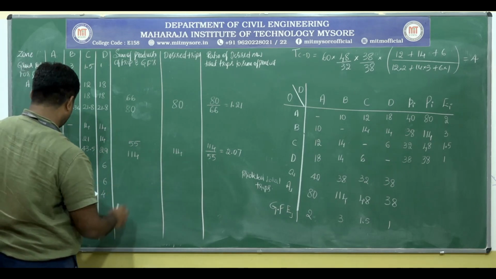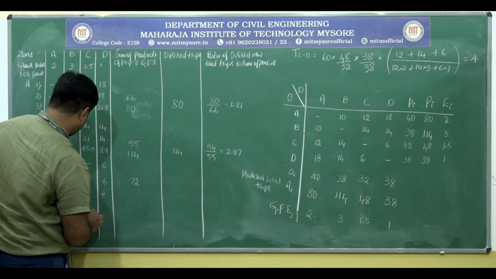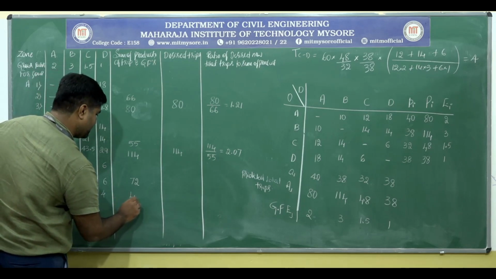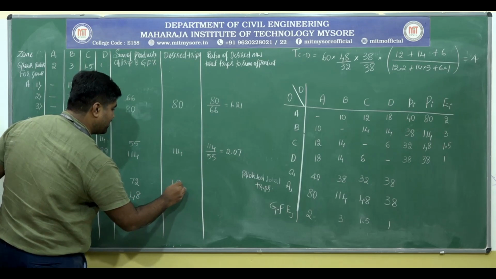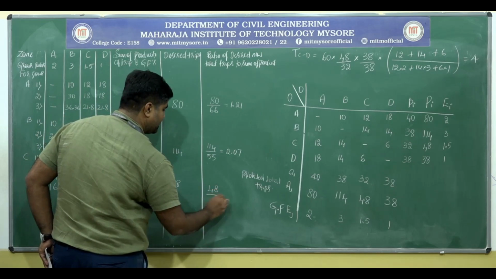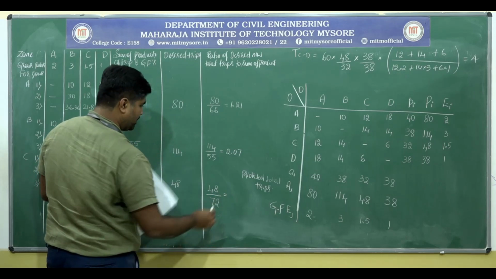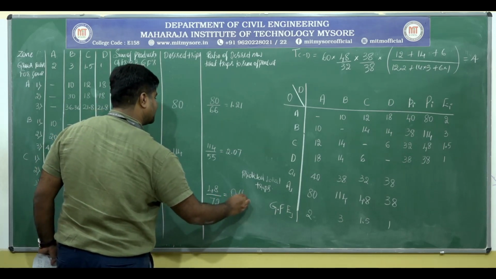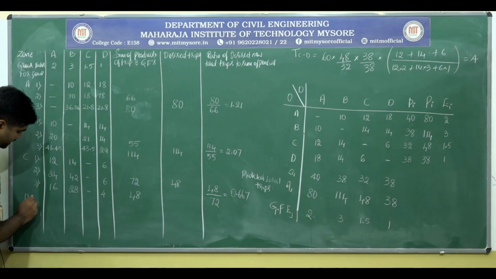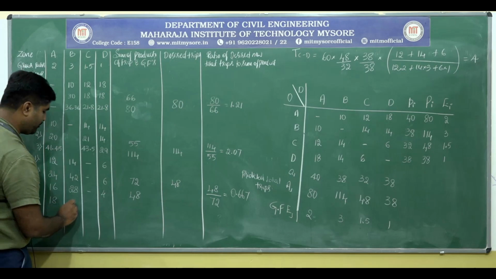If you add these, you will get 72. The desired total is 48. 48 divided by 72, you will get 0.667.